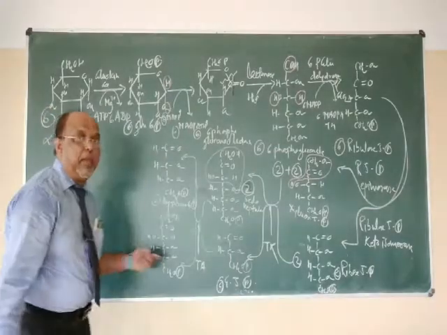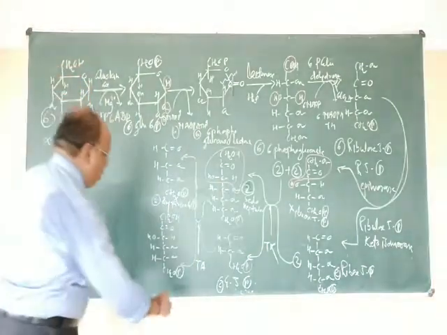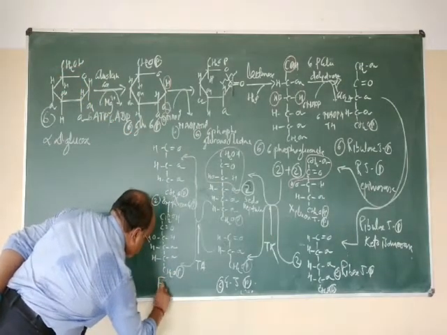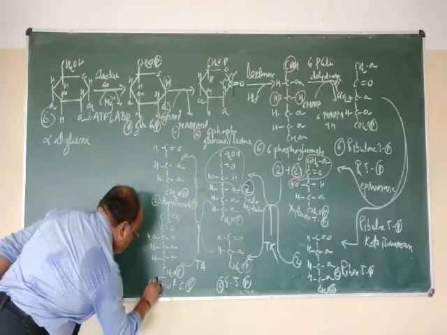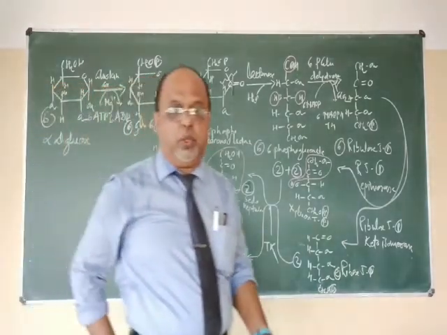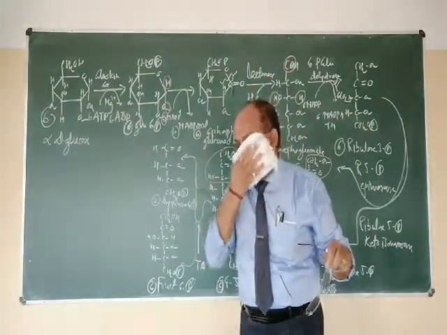This is another familiar structure. If you have studied the EMP pathway, this is known as fructose 6-phosphate. 2 molecules are there. Fructose 6-phosphate. So 2 molecules of fructose 6-phosphate.